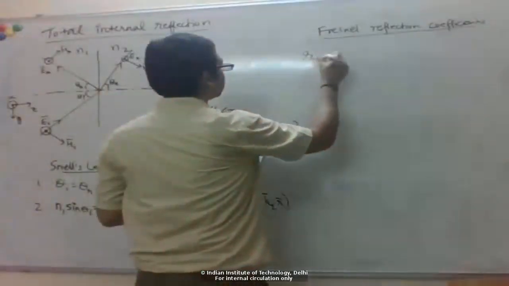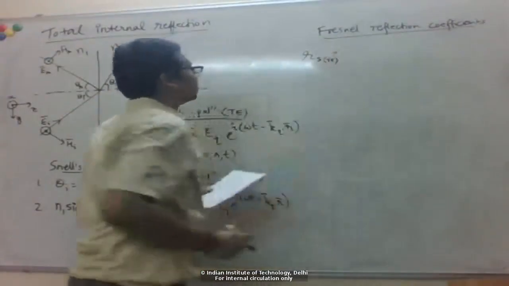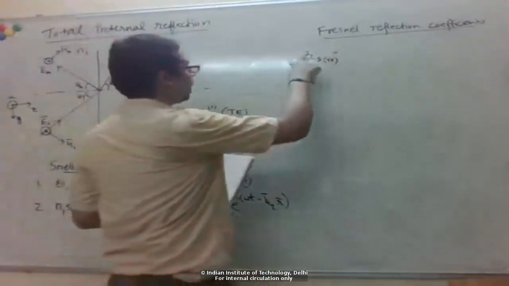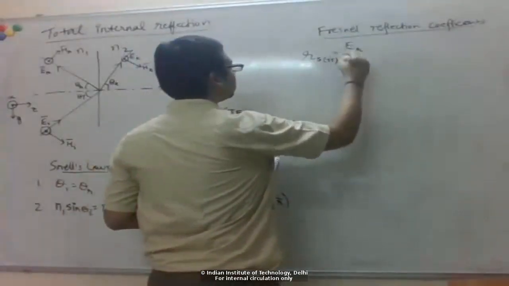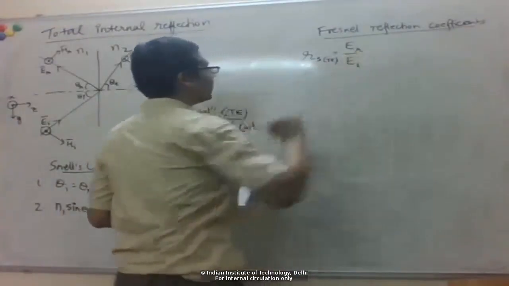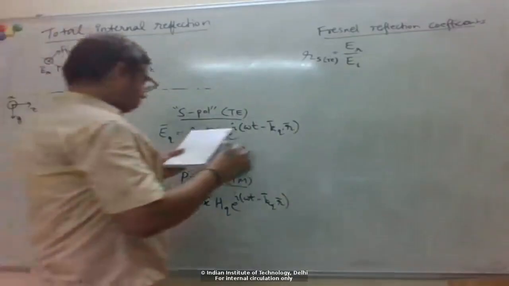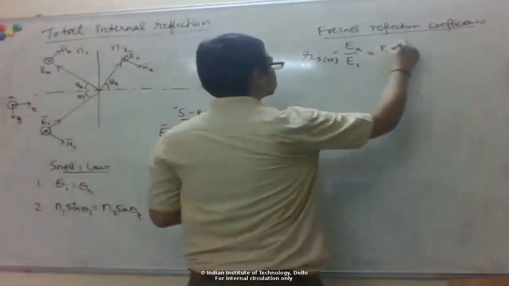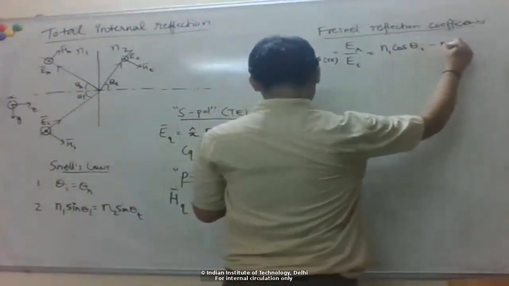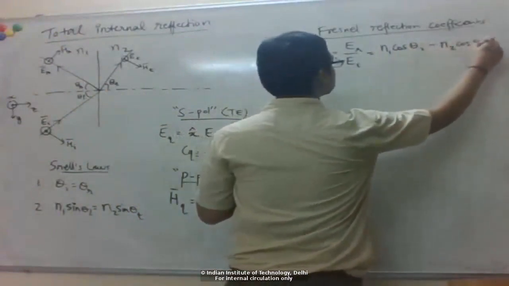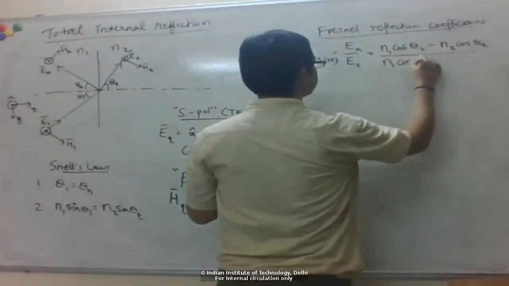For the S polarization, S or TE, we define the small r, the amplitude reflection coefficient, as the electric field amplitude in the reflected wave divided by the electric field amplitude in the incident wave. We get this expression for the S polarization. This should also be familiar.